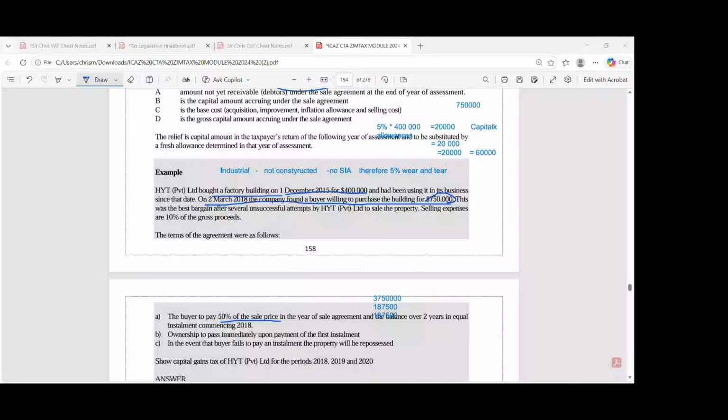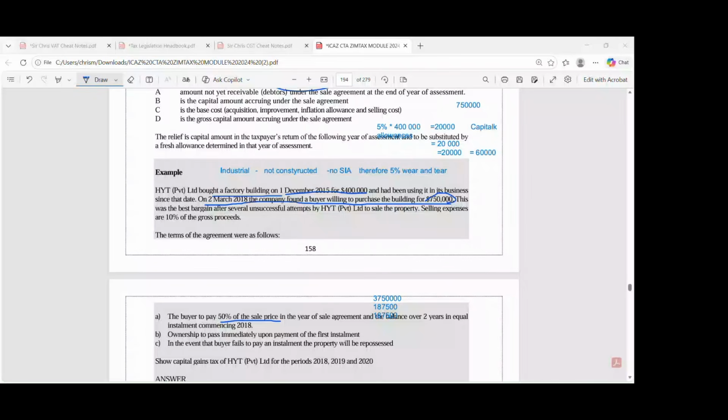Therefore, can you kindly tax me on the 375 first year? Then you tax me on the 187,500 in year 2 and the other 187,500 in year 3. This is a very basic principle here, relief, team. So, it's not possible for you to tax me the whole amount in 1 year.